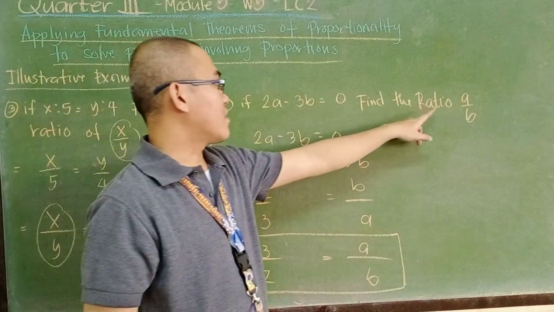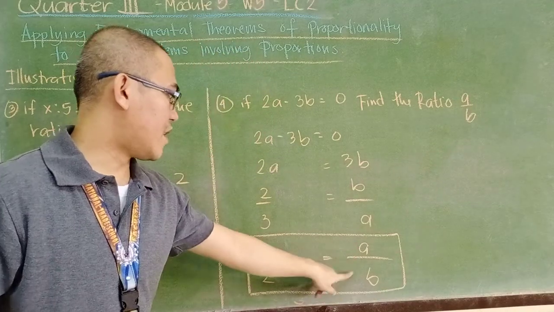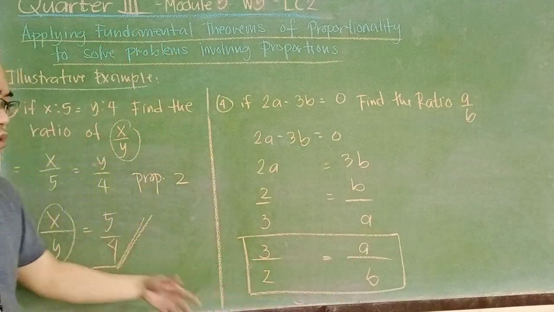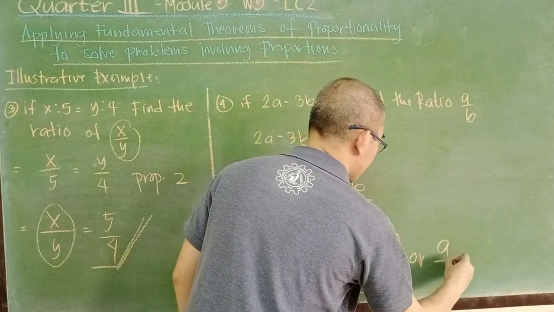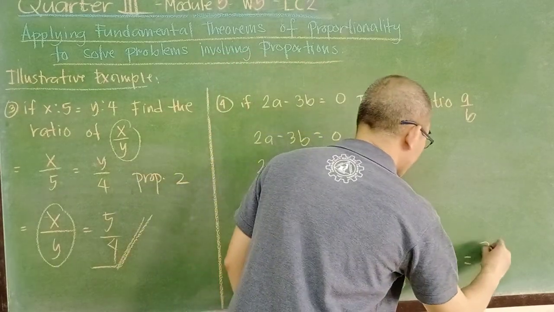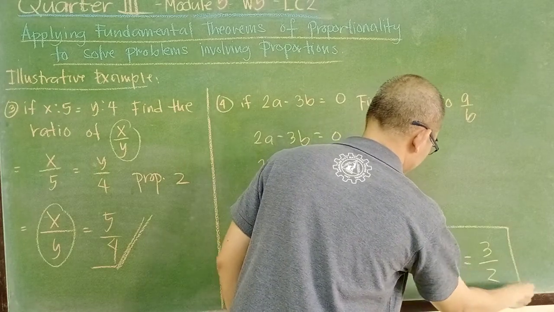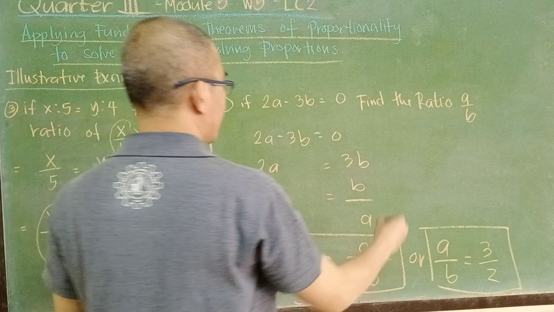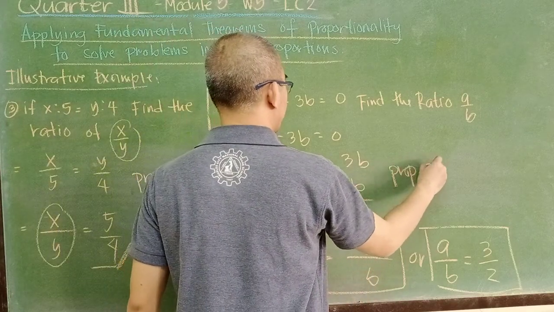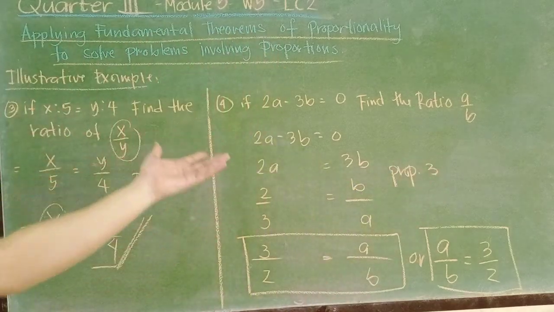Now, we have ratio ng a over b. a over b is equal to 3 over 2, or vice versa. Pwede din ganyan. Kung mapapansin niyo din sa solution sa module, medyo iba kumpara dito, pero ito yung best way para mapakita na ginamit natin yung property number 3, which is yung inverse.